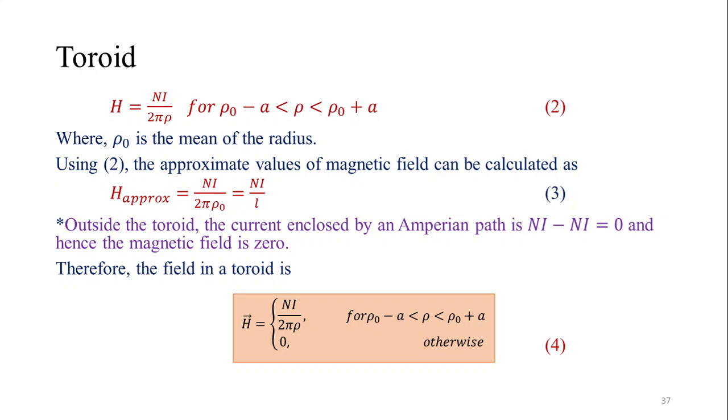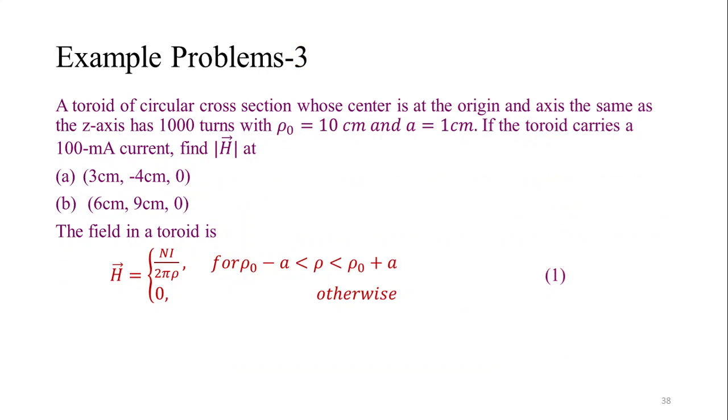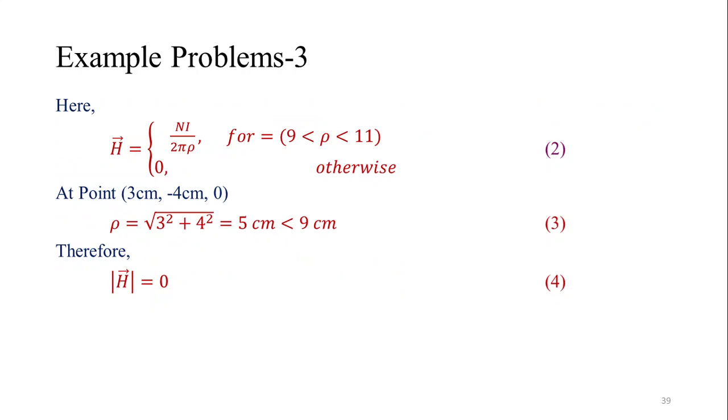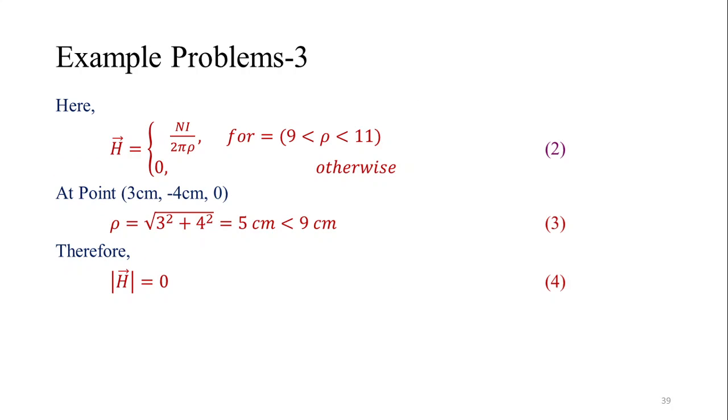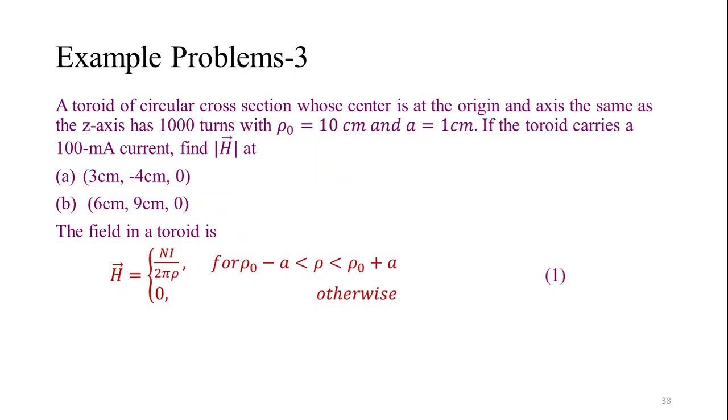Here rho naught is given, that is 10, and a equal to 1. The point is given as 3, minus 4, 0.